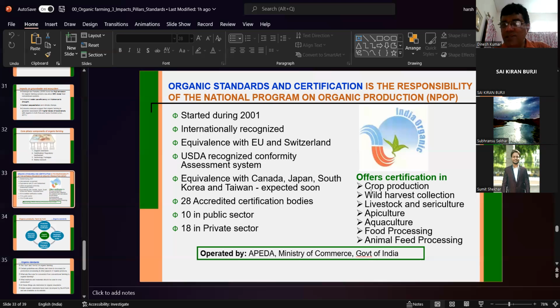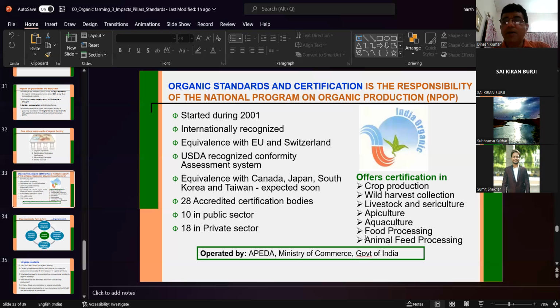Livestock and sericulture, you understand, sericulture is your resham or silk. Apiculture is your, what is apiculture? Sir, honeybees. Honeybees, sir. Okay, and aquaculture? Fisheries, sir. Fish and other aquatic animals.